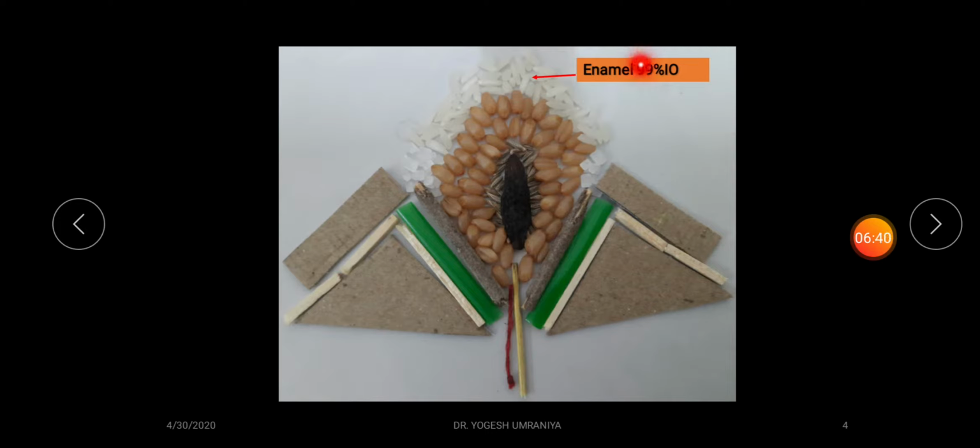So enamel is referred to as the strongest and toughest tissue in the human body, and the structure of the enamel is mainly composed of the enamel rods or prism-like components, that are also arranged radially from the dentine to the enamel surface.